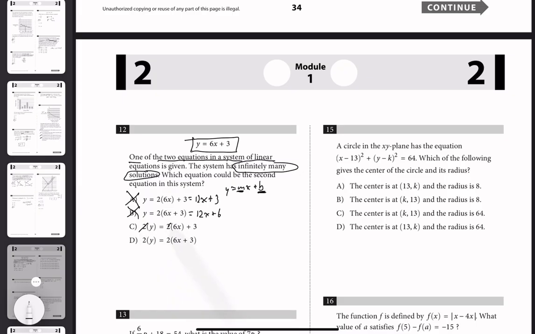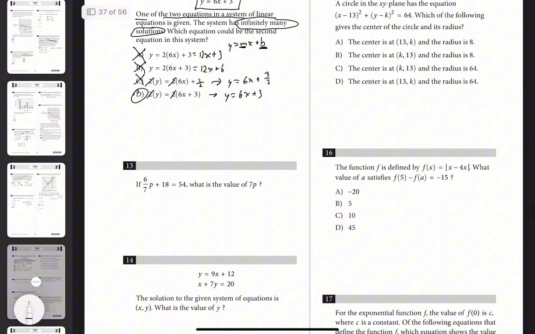These are going to cancel out when we divide, and this is going to be over 2. So that's going to give us an equation of y is equal to 6x plus 3 over 2. Still not the same. And then we have this equation over here. These two are going to cancel out, and we're going to get y is equal to 6x plus 3. And that's going to be your answer since they're the same line.